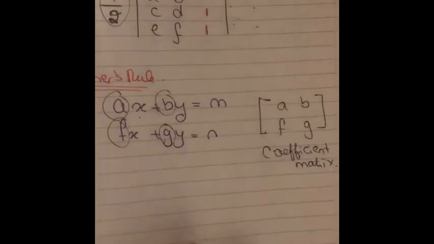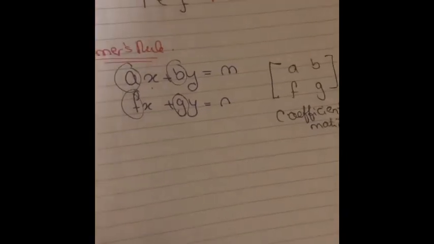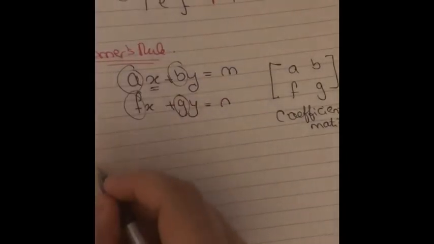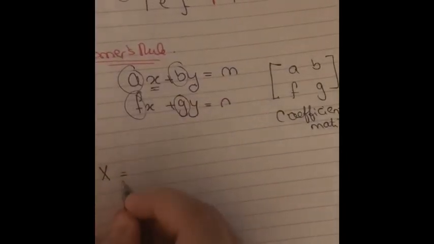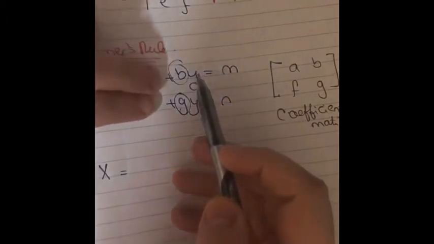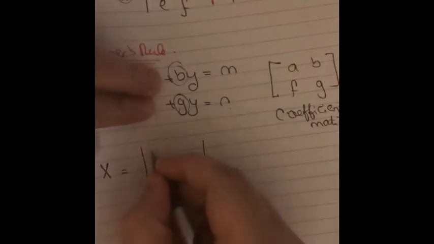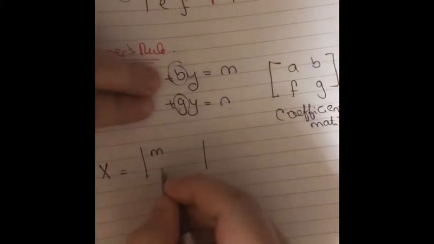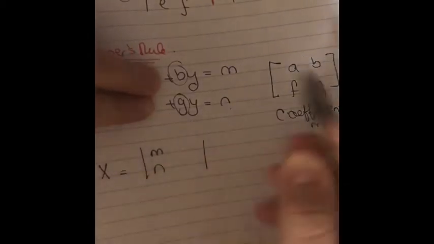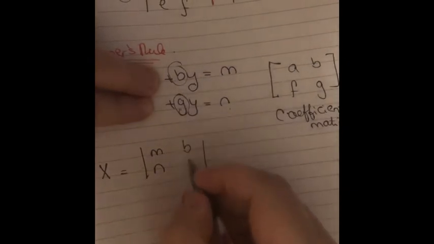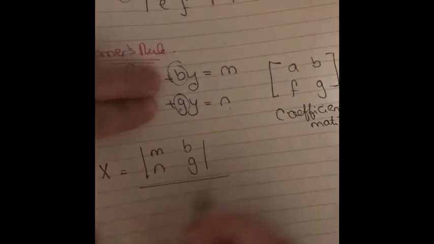This is called the coefficient matrix. Okay, how will you find x? If you want to find x, you will use anything that's not over here, and we'll start with the determinant of m, n, and then beside it b and g, which were with the y, over the coefficient matrix.